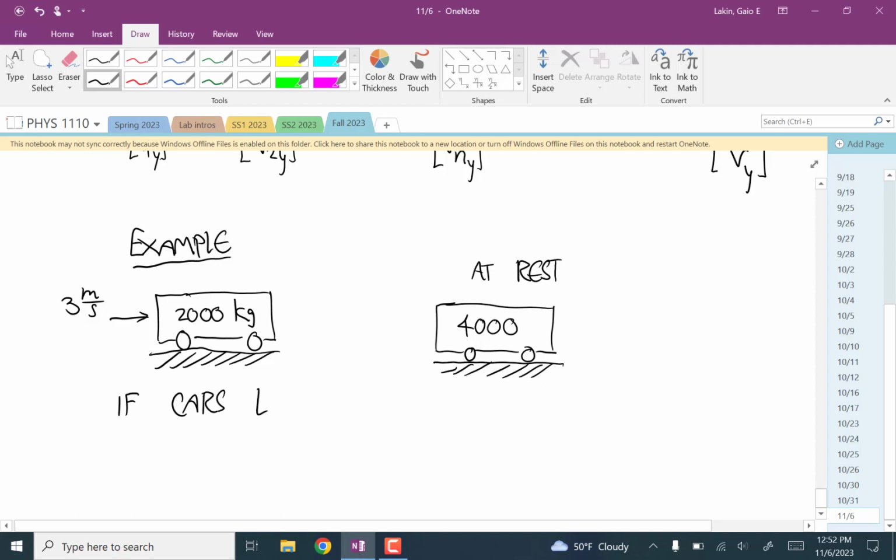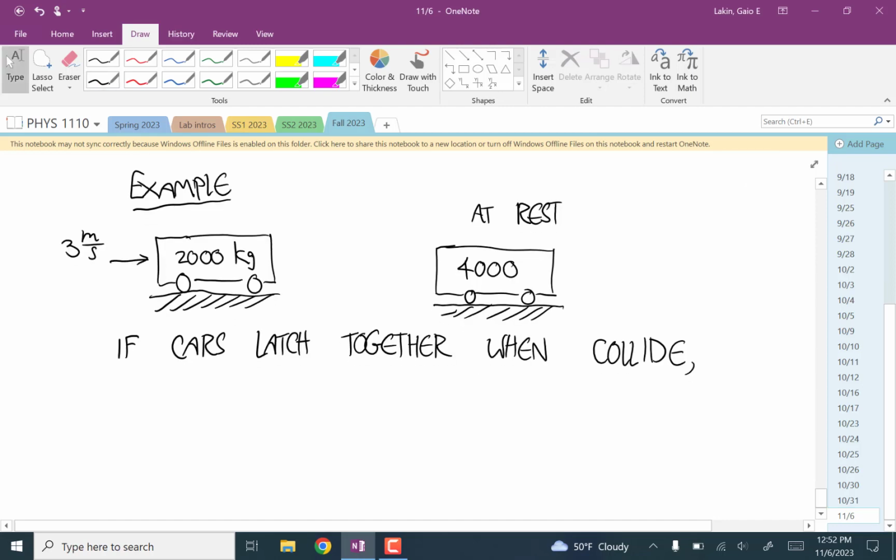If the cars latch together when they collide, what's their velocity vector after the collision?